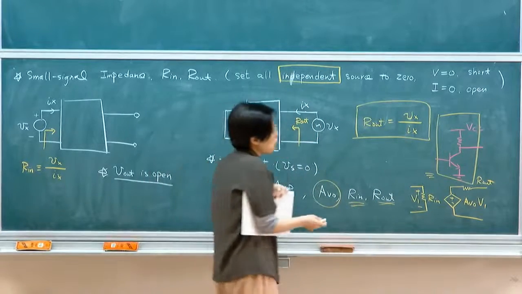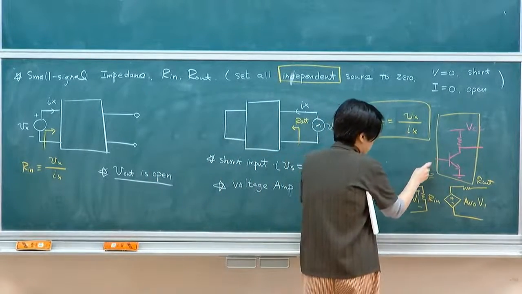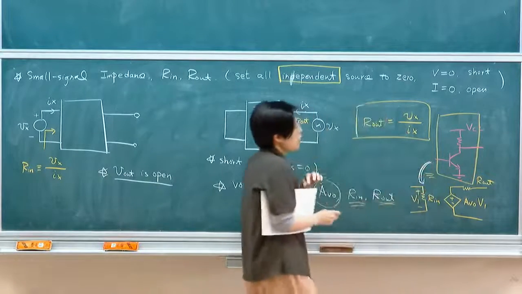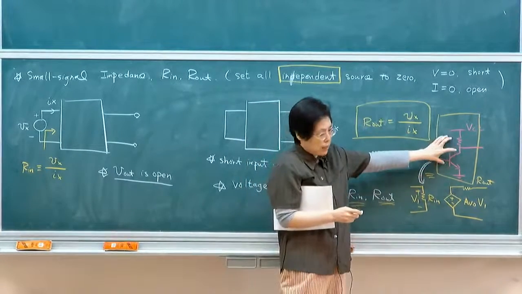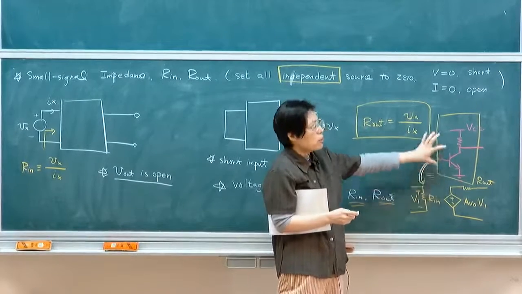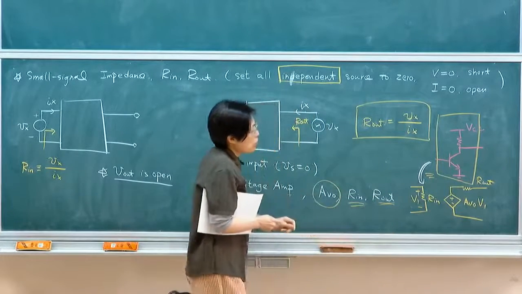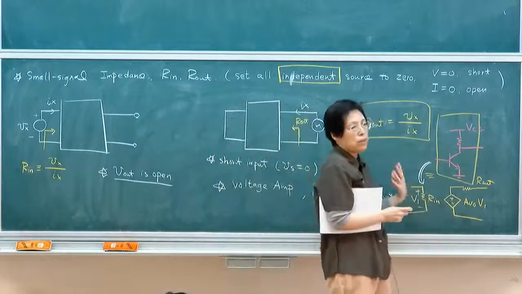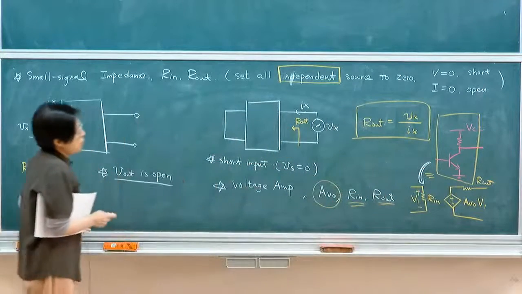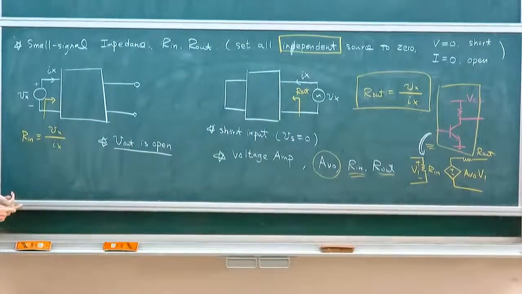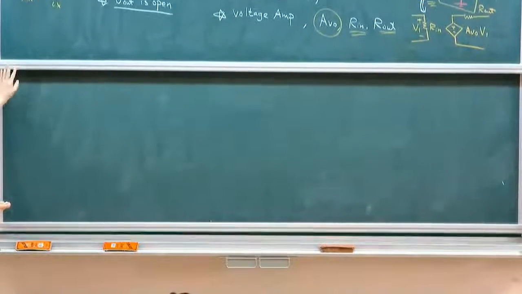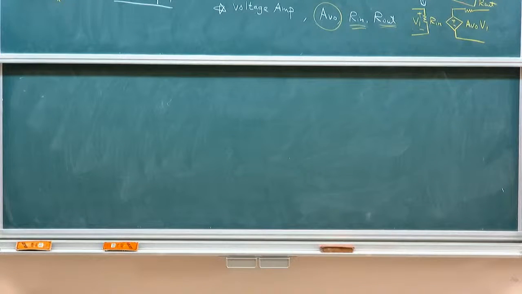So what we're going to do for this lecture, or at least for this week, is go from this to this. How does one translate between these two, and how does one find this input and output resistance behavior, and of course the voltage gain? Good, that's the main target of this chapter.